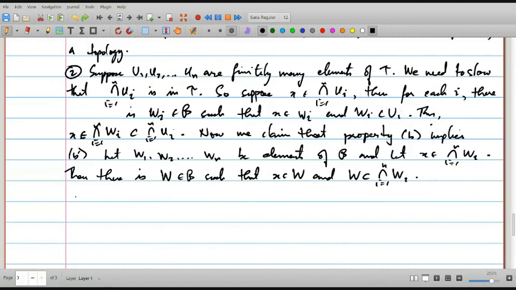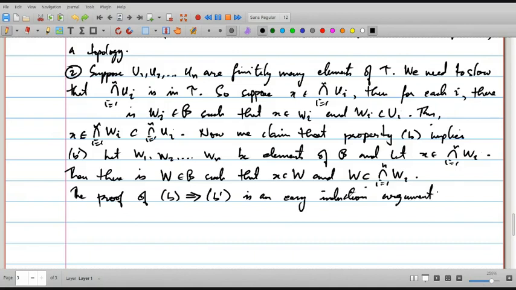The proof that B implies B prime is an easy induction argument, left to the reader as an exercise.